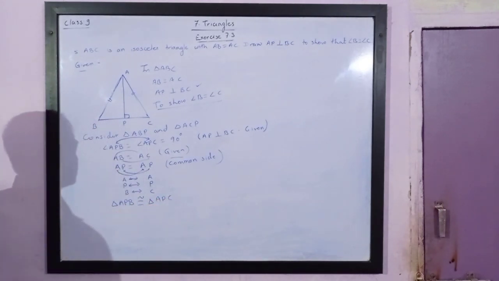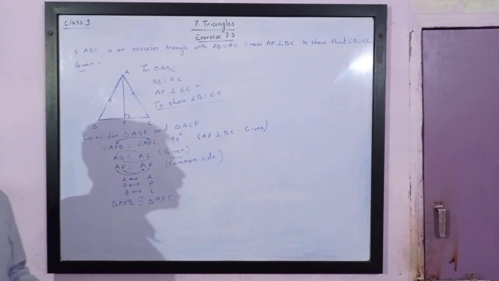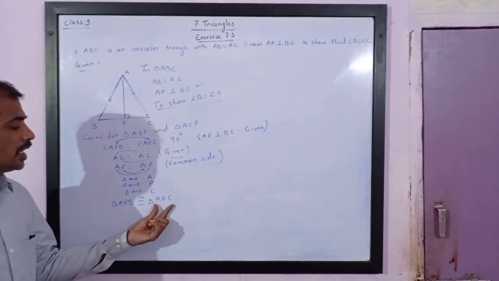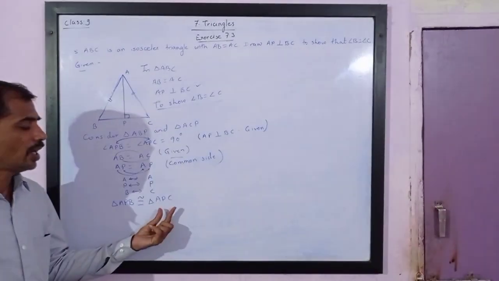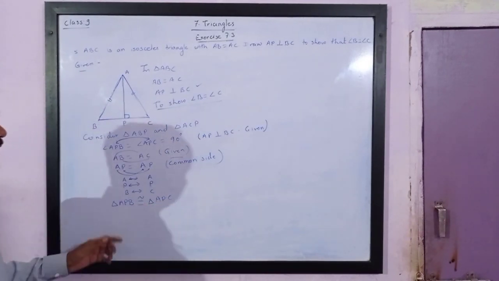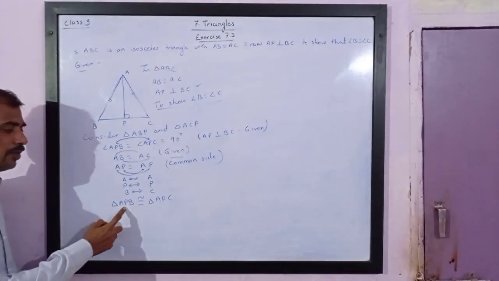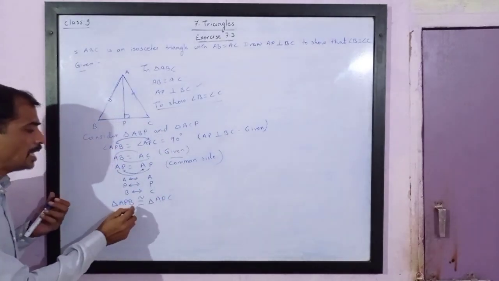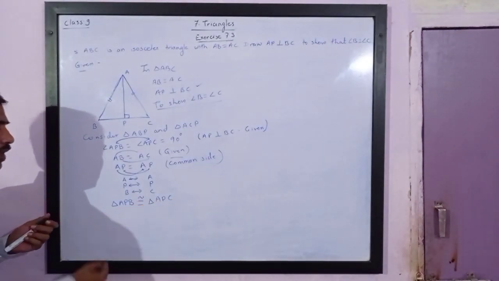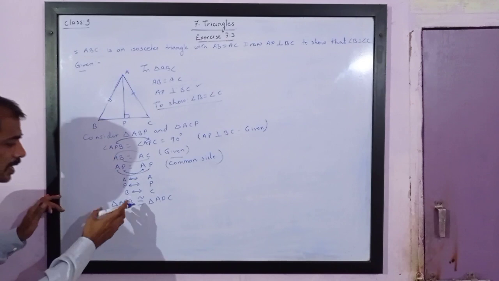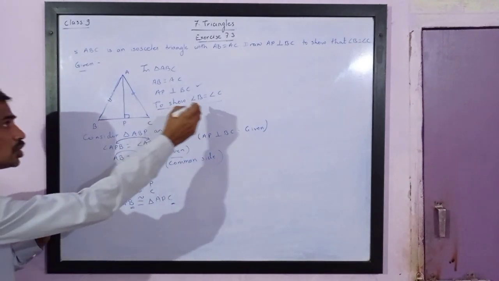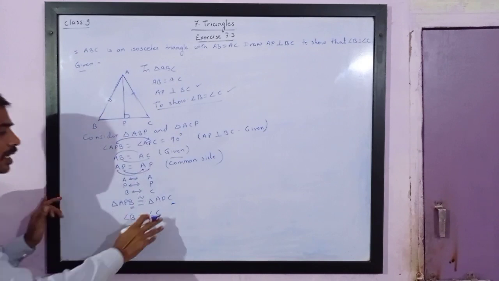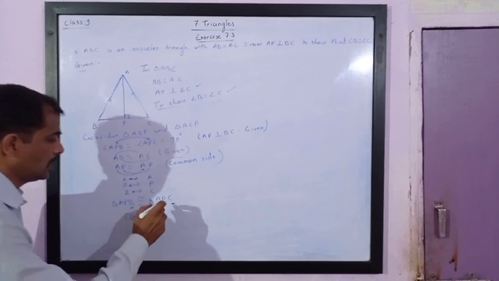If these two triangles are congruent, it means if you place them one above the other, the three sides of the first triangle will coincide with the three sides of the second triangle. The three angles of the first triangle will coincide with the three angles of the other triangle, with first vertex on first vertex, second on second, and third on third. So last angle is equal to last angle, first to first, second to second. Therefore, angle B must be equal to angle C, since they are corresponding angles of congruent triangles.